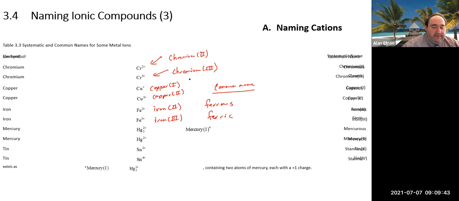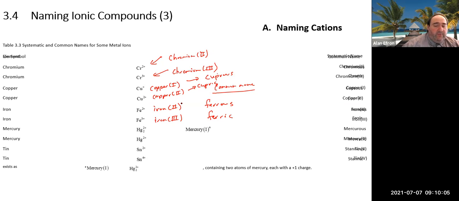The common names for copper 1 would be cuprous and cupric. That's that older school way of naming. So we won't use the common names here. You should always use the Roman numeral names, but they do pop up sometimes.